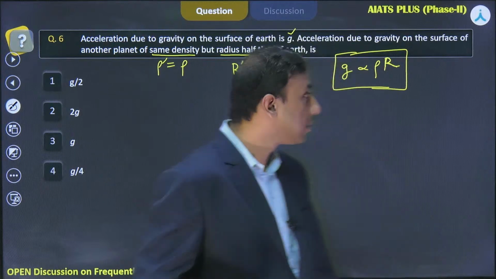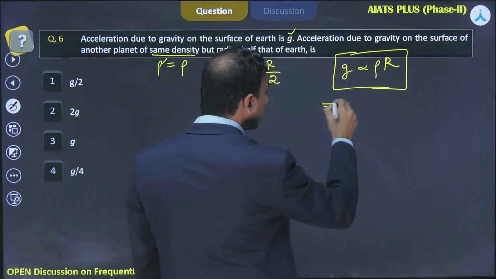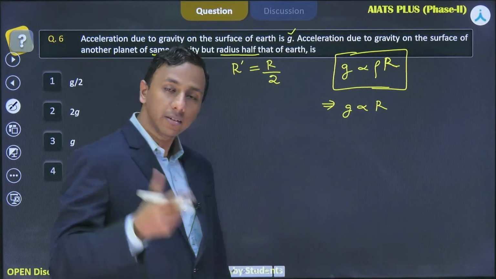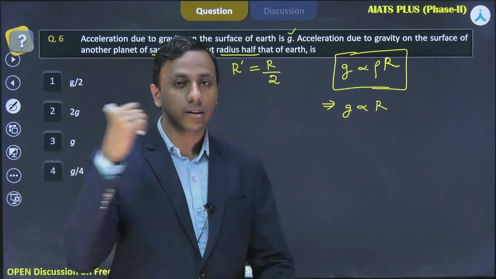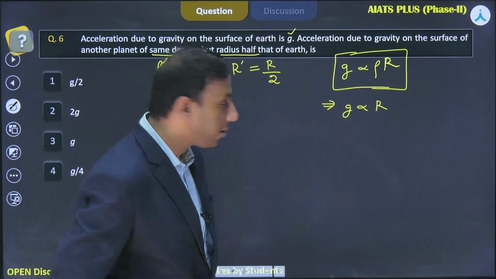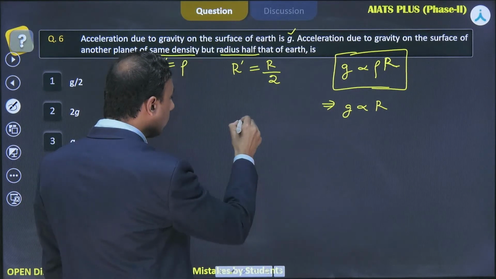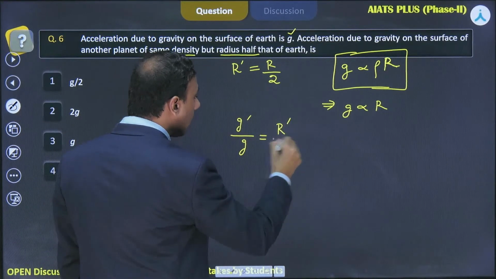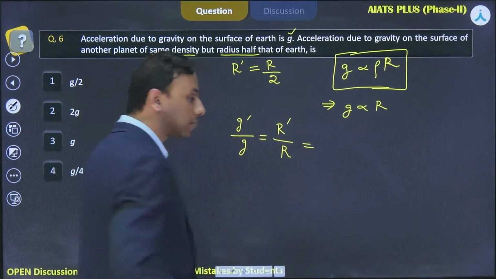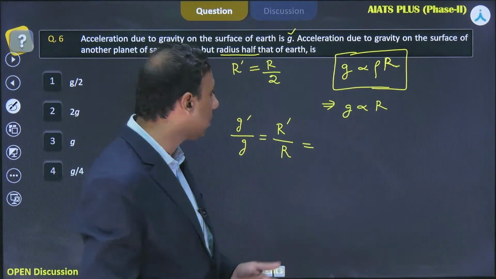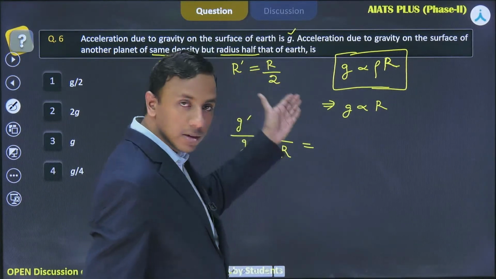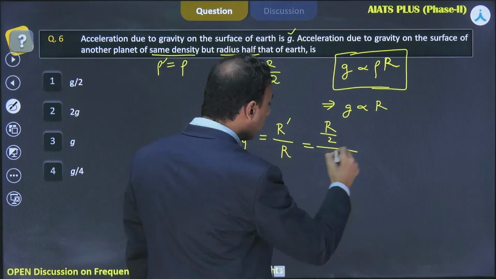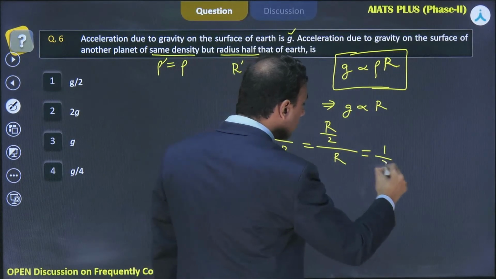That means you can simply write g is proportional to R. Density of Earth and density of the planet are the same. So what will this become? Very simple. G dash by g is equal to R dash by R. And what is R dash? Half, so this is R by 2 upon R, and this becomes 1 by 2.